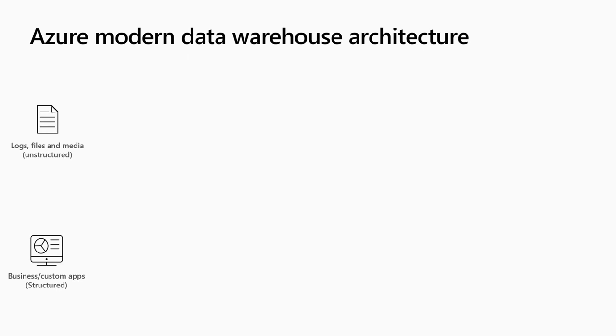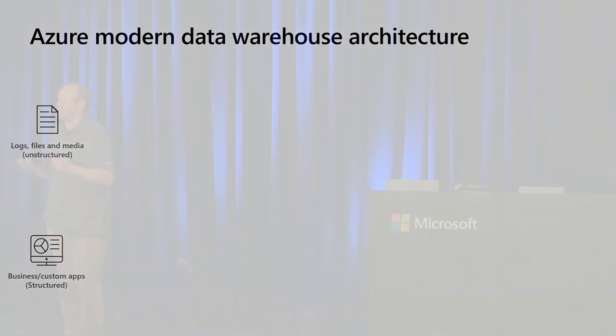Now, if you want to see how to build such a system, unfortunately, there is not just a single off-the-shelf offering right now in Azure that allows you to build this architecture. You have to take a few of the components that we offer inside Azure and put them together to build that architecture. That has benefits around flexibility, and it gives you a little bit of flexibility in terms of whether you need a specific component for your specific scenario or not.